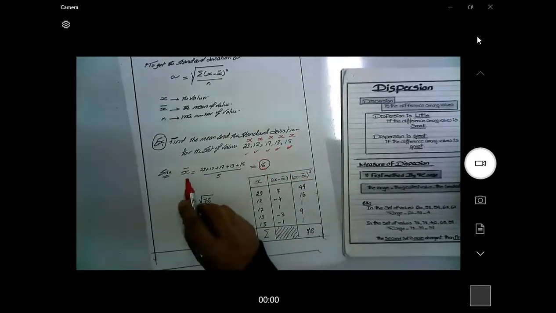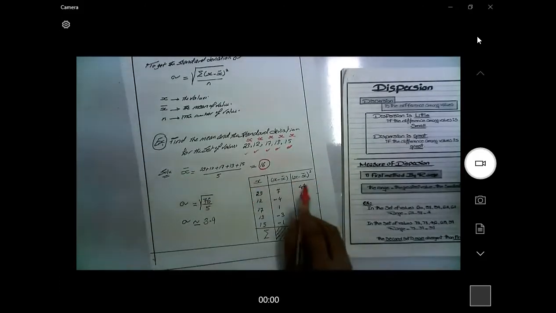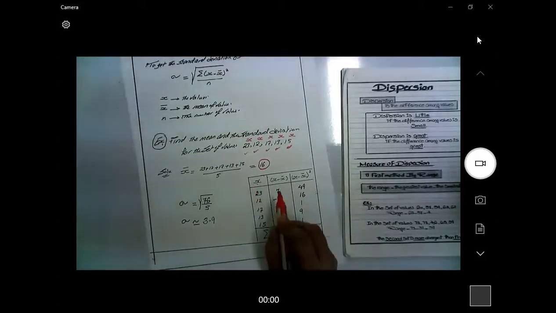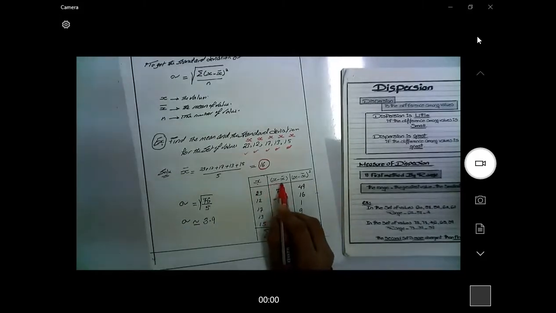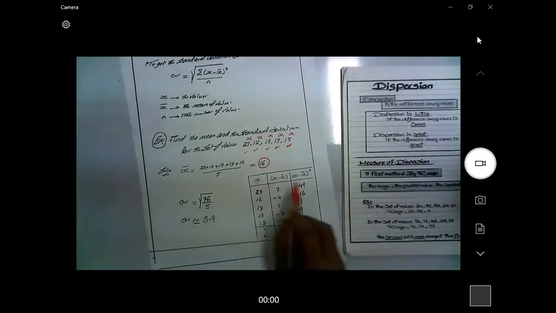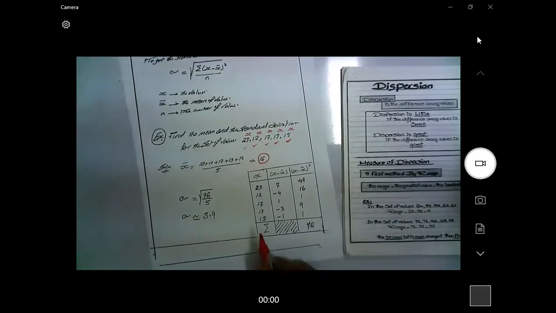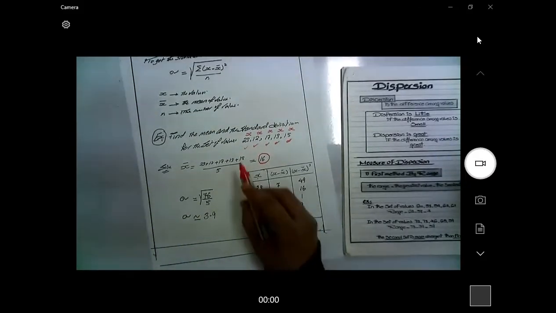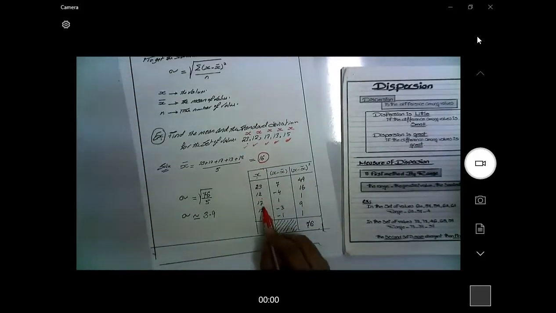After getting the mean of values x dash, we are going to set the table like this. The first column is x, the second is x minus x dash, the third is x minus x dash all to the power 2. So we'll start setting this table. X, as we said before, the values 23, 12, 17, 13, 15.